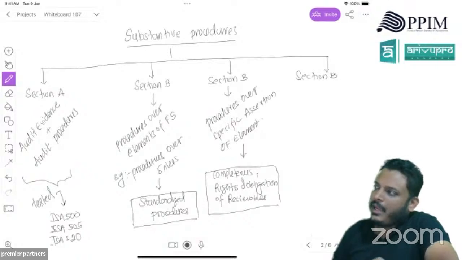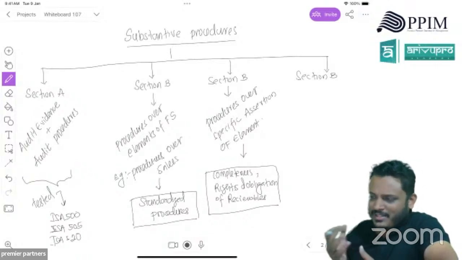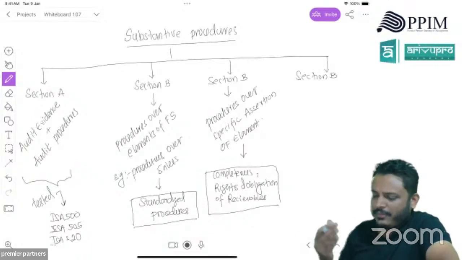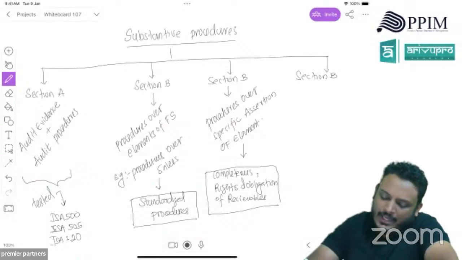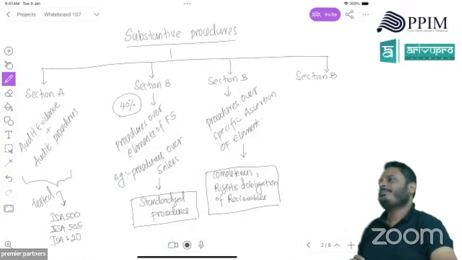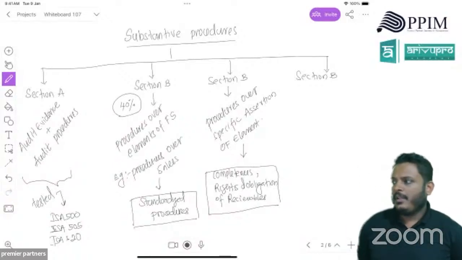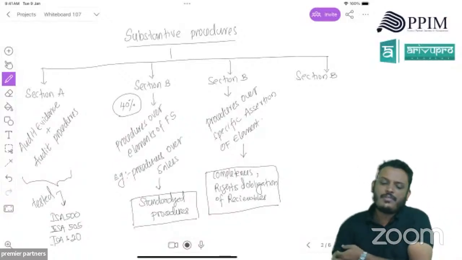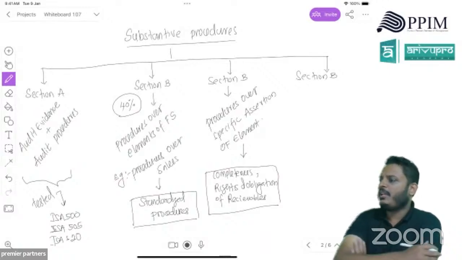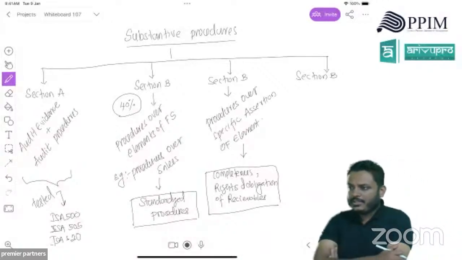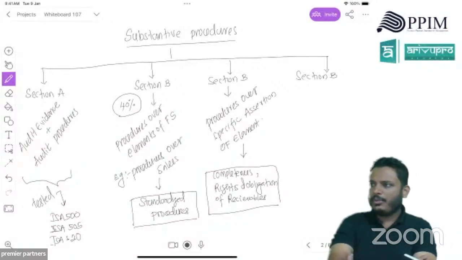This time, I told you 20 marks are possible, maybe 20 to 25, 30. I expect 40% of those marks to come where you can learn by heart and write procedures. I covered the entire income statement and the entire balance sheet, so 40% you can cover.